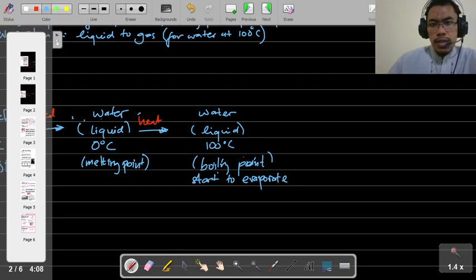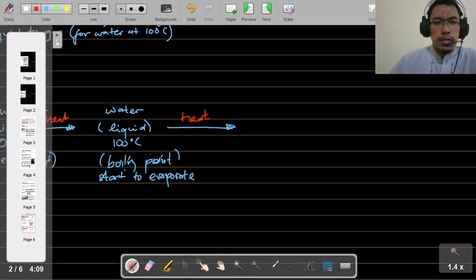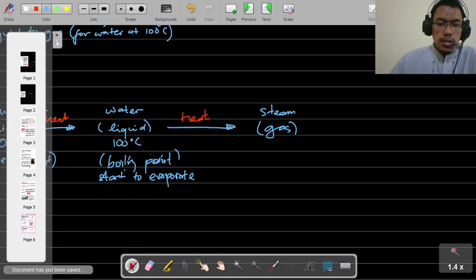Okay, and then if we put heat into the water, the liquid will transform into gas, and the water will transform into steam, or uap air in bahasa Indonesia, and the temperature is still 100 degree of Celsius, yeah.